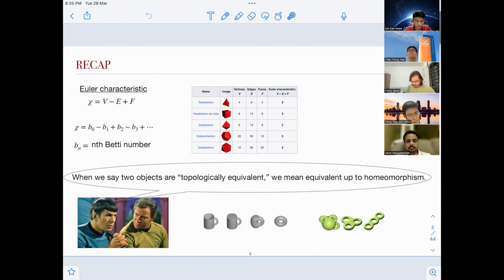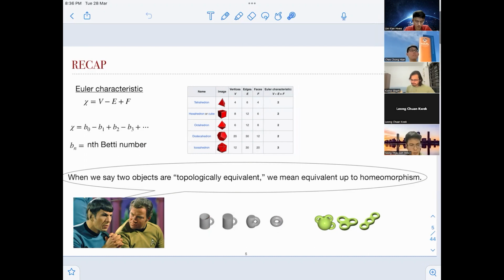We also discussed that two objects are topologically equivalent if they are equivalent up to homeomorphism, basically a continuous map that is invertible on both sides. That's why, when people say that a coffee mug and the torus are topologically equivalent, it means that you can go from one to the other via homeomorphism.